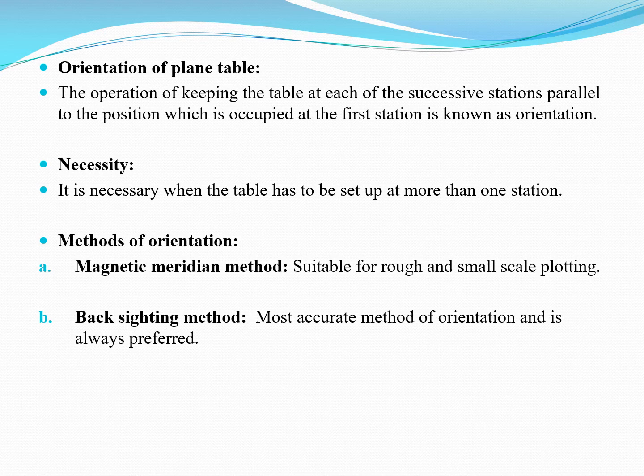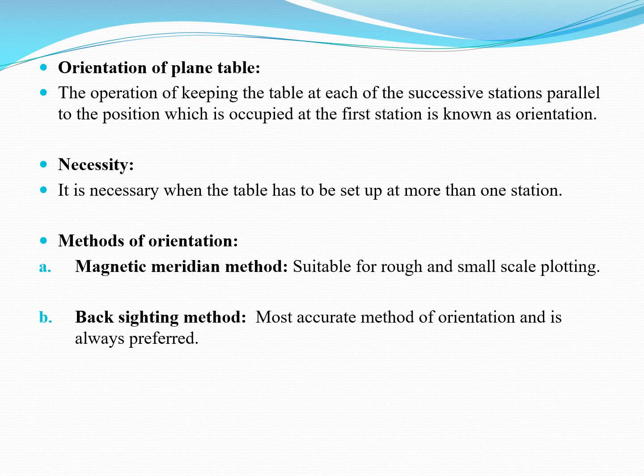Parallelism is a principle of plane table surveying. According to that principle, the lines plotted are parallel to the corresponding lines on the ground. If proper orientation is not done, the plotted work of the previous station cannot be connected to the next station. Hence the map will not represent the actual position of the object.